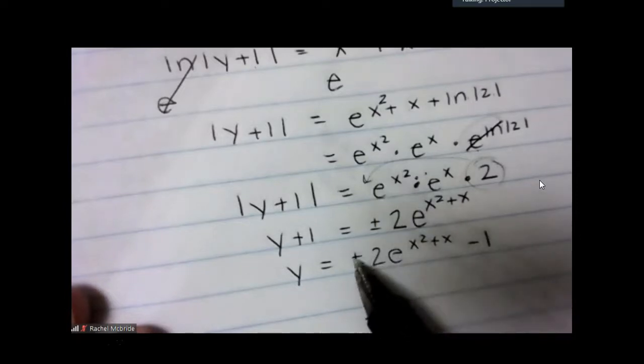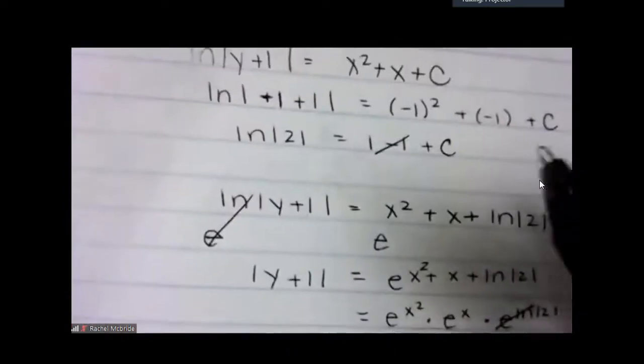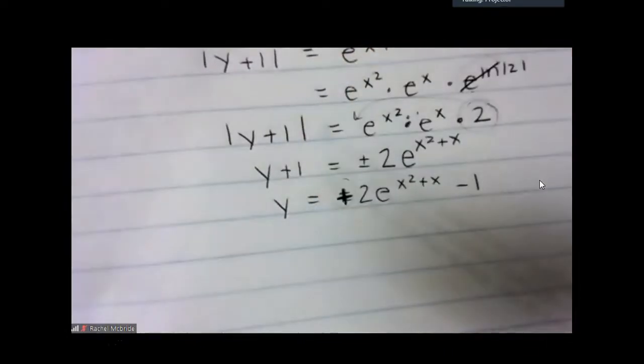And the reason this is only the positive in our answer is because going back to that initial condition, since my y value in the beginning was positive, then I only need the positive for my final answer. And we're done.